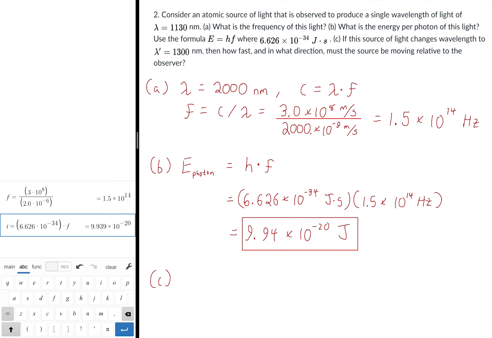There is a new, shifted value, either to longer wavelength in the case of redshift, or to shorter wavelength in the case of blue shift. Red light is the longest visible light, blue light the shortest.